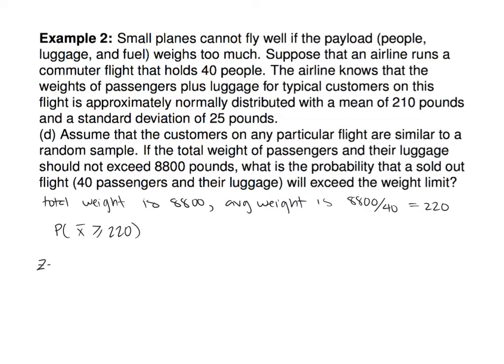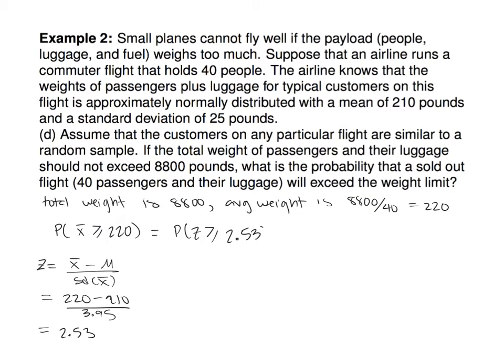Find the z-value, which is going to be X bar minus mu over the standard deviation of X bar. So that's 220 minus the mean, which is 210, over our standard deviation, which was 3.95. That comes out to be 2.53. So the probability that Z is bigger than or equal to 2.53.